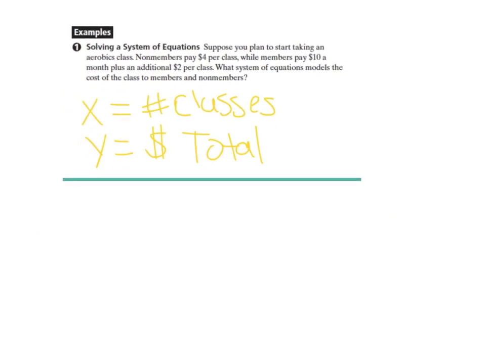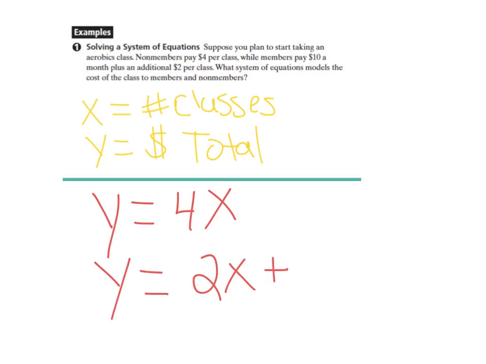So if you think about the non-member equation, the cost is going to be 4 times every class. The membership is going to be $2 per class plus that 10. So now we can graph those two equations and find the solution they have in common.